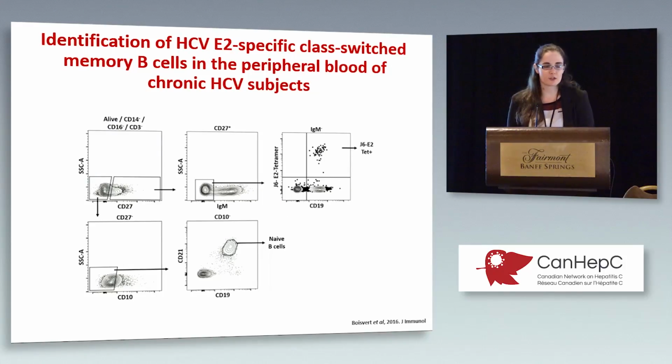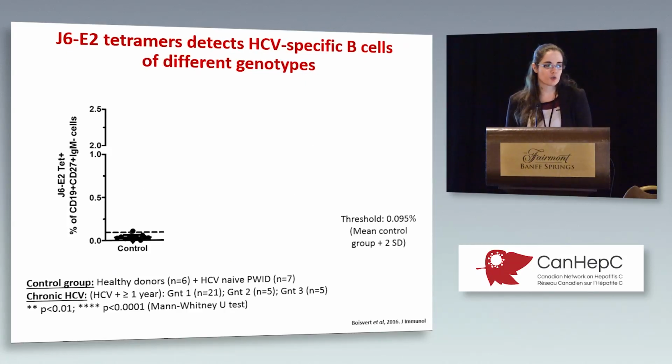We use flow cytometry, and we focus mainly on class-switched memory B cells. Those memory B cells will express CD27. They will have class-switched, so they will be negative for IgM, and they will express CD19, and they will bind to our tetramer here. First, we used a control group, which was healthy donors and HCV-naive PWIDs.